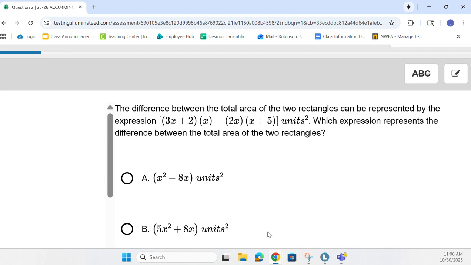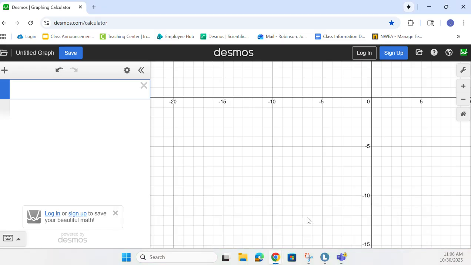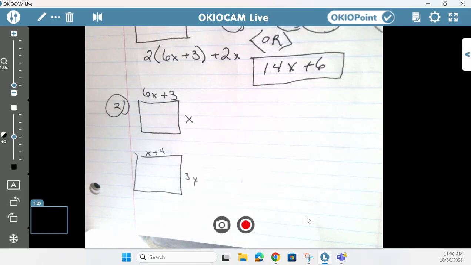Very simply, go over to what? Desmos. Type in the expressions and see which ones will come up equal. I'm going to show you how to do it after we write it.